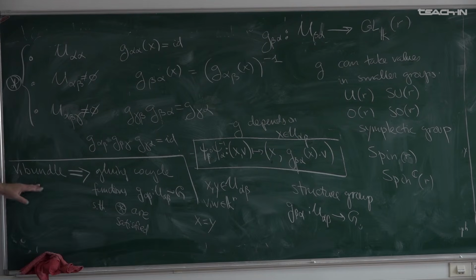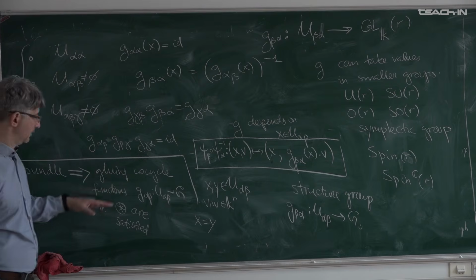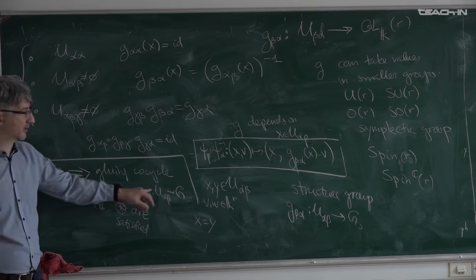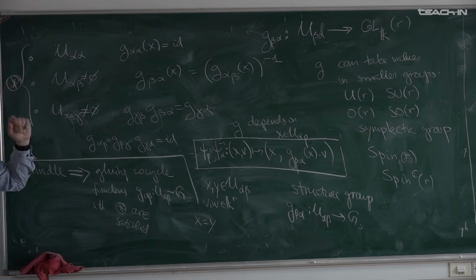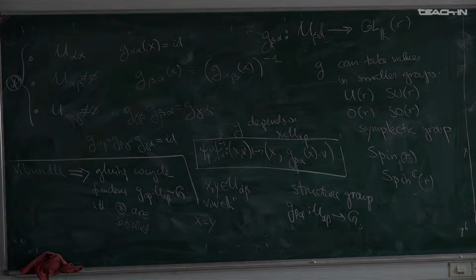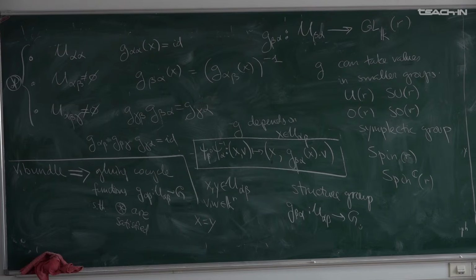So if we have a vector bundle, we can define a gluing cocycle. A gluing cocycle is a collection of functions such that these conditions are satisfied. Okay, did I write a definition of gluing cocycle or not? In mathematics, if somebody says something, it is either a definition, a theorem, a proof, an example, or some blah blah blah. So the question is, did I give you a definition of gluing cocycle or not?